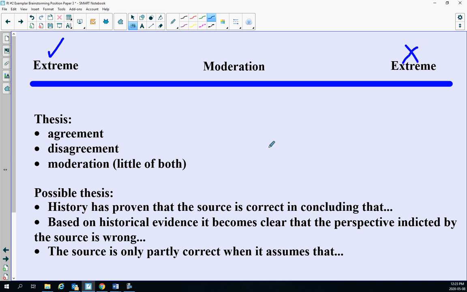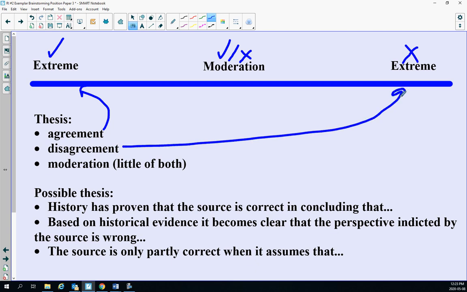We shouldn't pursue ultranationalism. Or maybe one of moderation. Maybe you say, that source is correct, but only to a certain point. And that would be fine too. So the thesis can be one of complete agreement. It can be one of complete disagreement. It can be one of moderation, a little of both. The source is partly correct in blah, blah, blah.